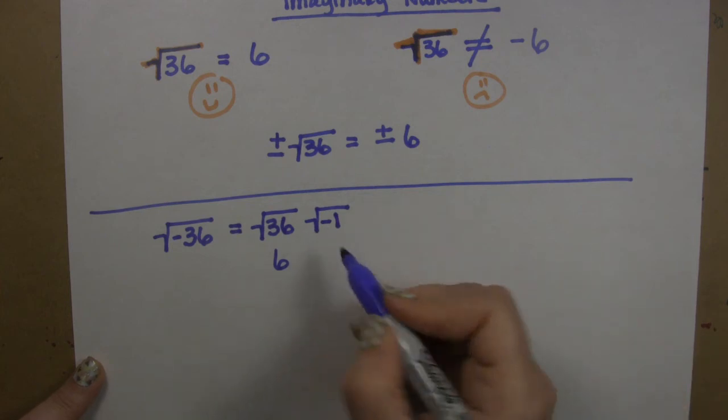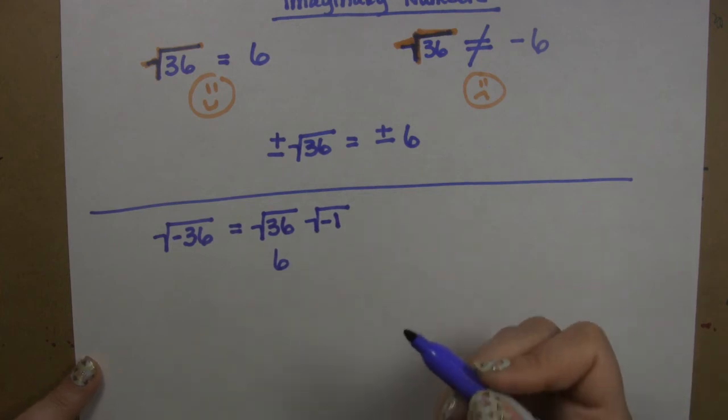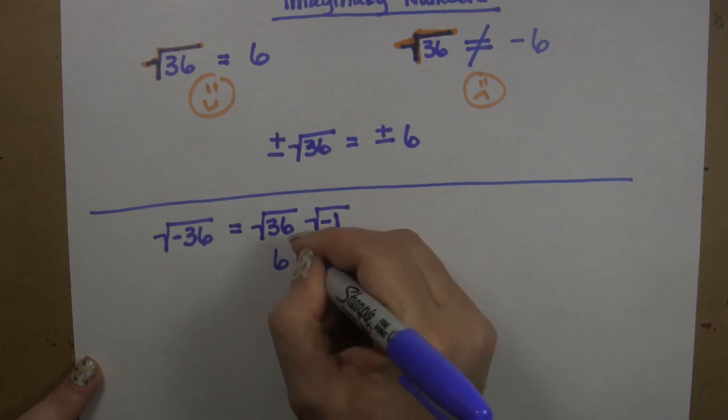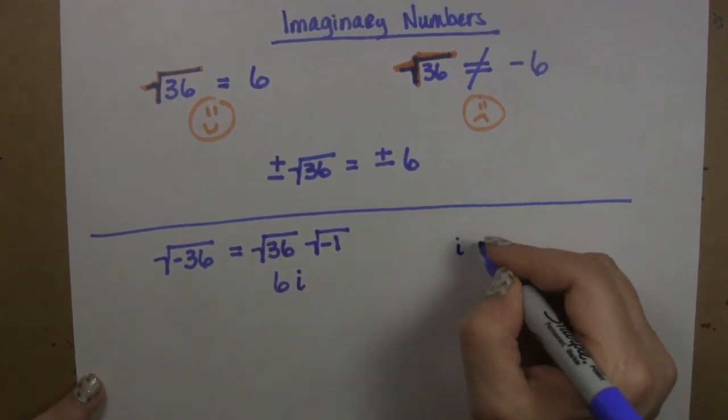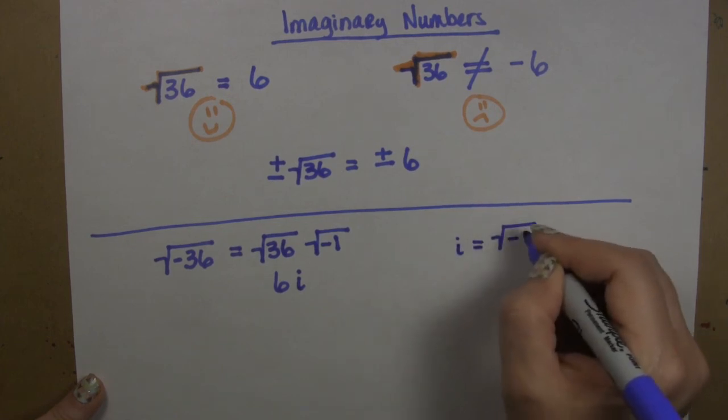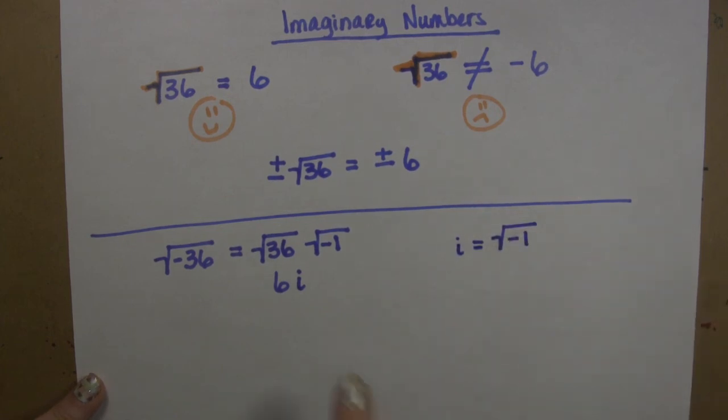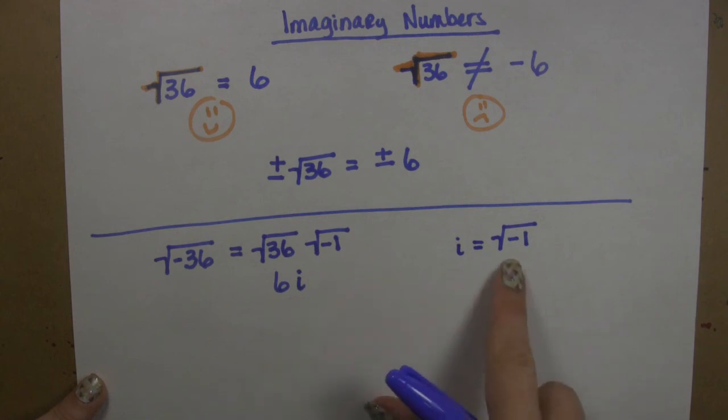And the square root of -1 is the definition of your first imaginary number, which is called i. So i equals the square root of -1. So the square root of -36 equals 6i, because i is the square root of -1.